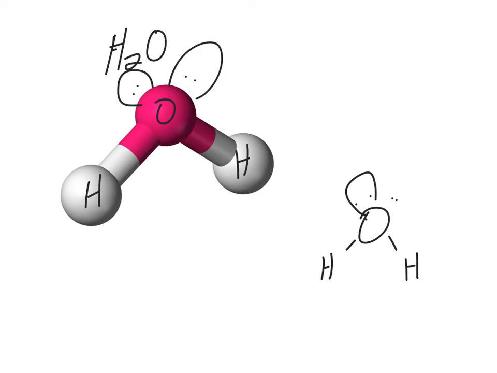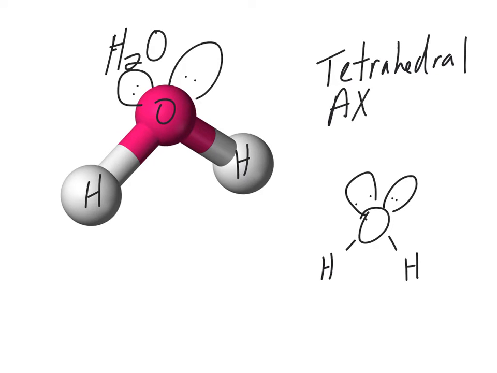And they're creating the molecular geometry of a tetrahedral. Now that's the major geometry here because it's got an AX2E2 and it adds up to 4. But because it has an E2, we also say that it's got a subcategory, and the subcategory is bent.